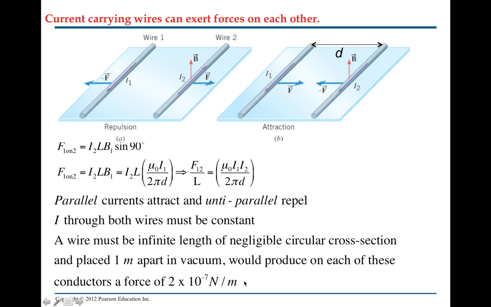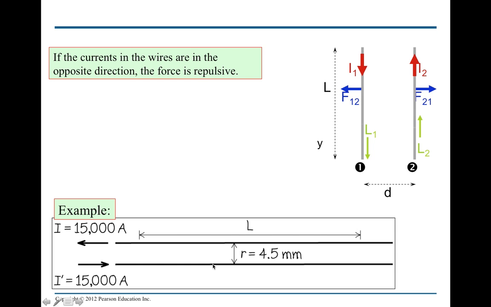And of course you can calculate this for, let's say, 1 meter. If you have two infinite wires, and consider 1 meter of length, then you can calculate from there the force produced on each other.